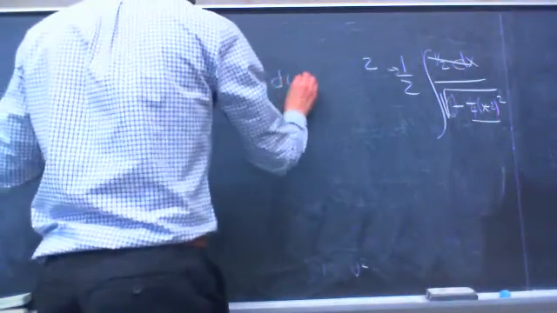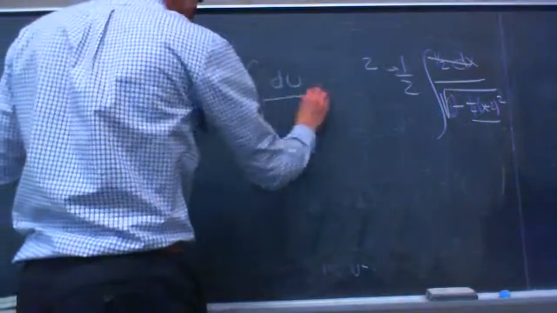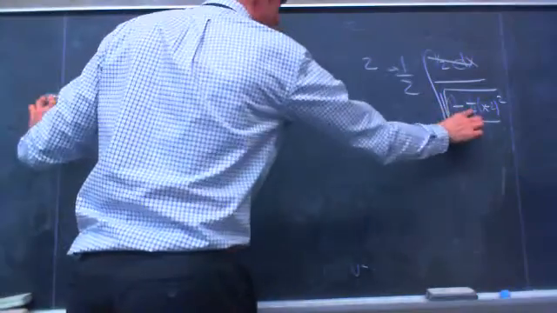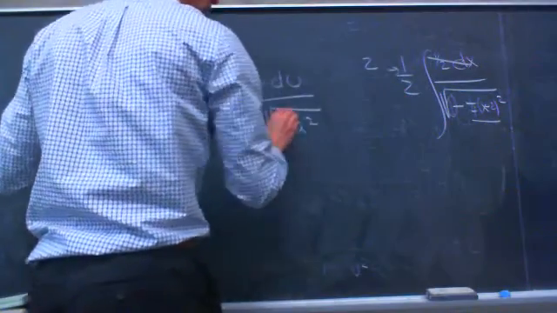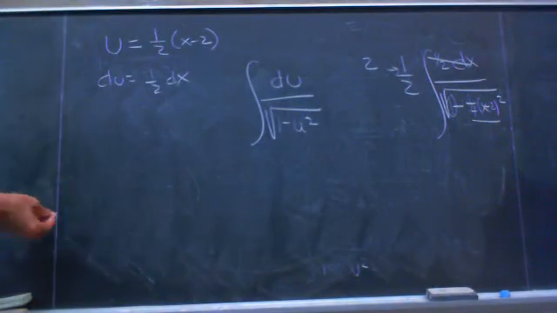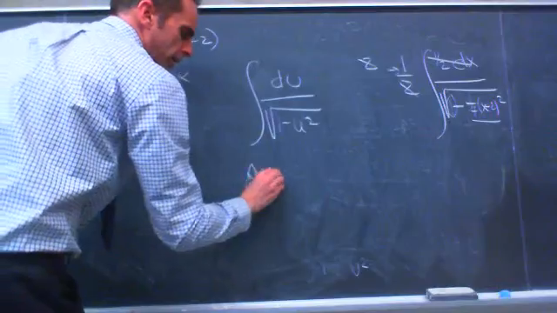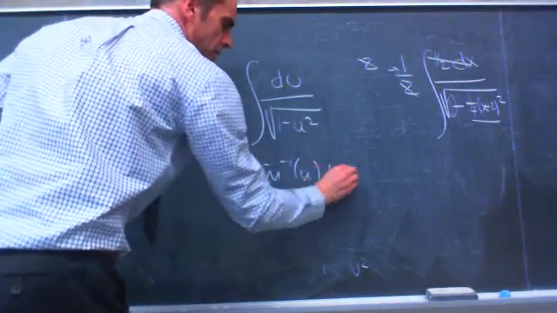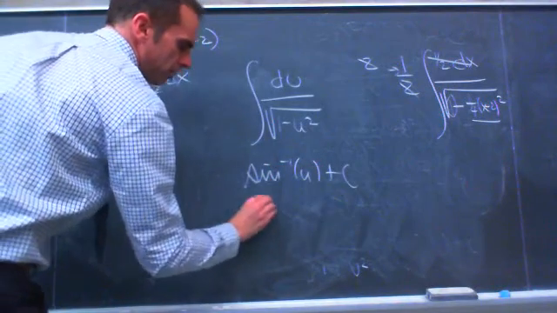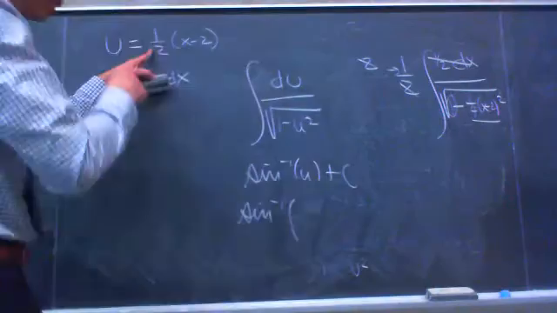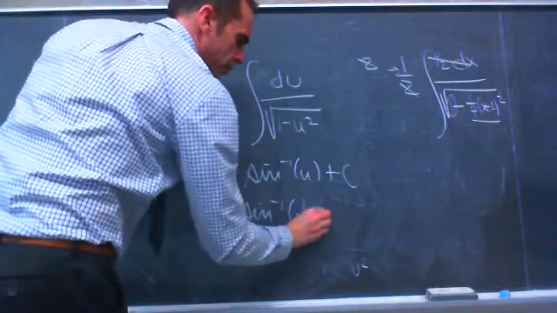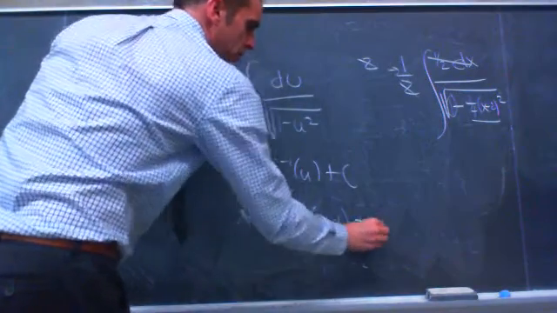So what I have is this will become my du over the square root of 1 minus u squared. And 2 over 2 is just 1. So now I get sine inverse of u plus c. u is 1/2 times x minus 2 plus c.